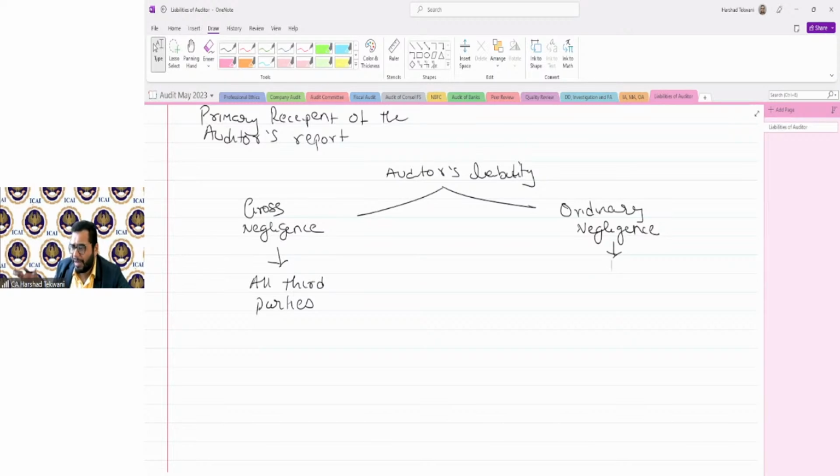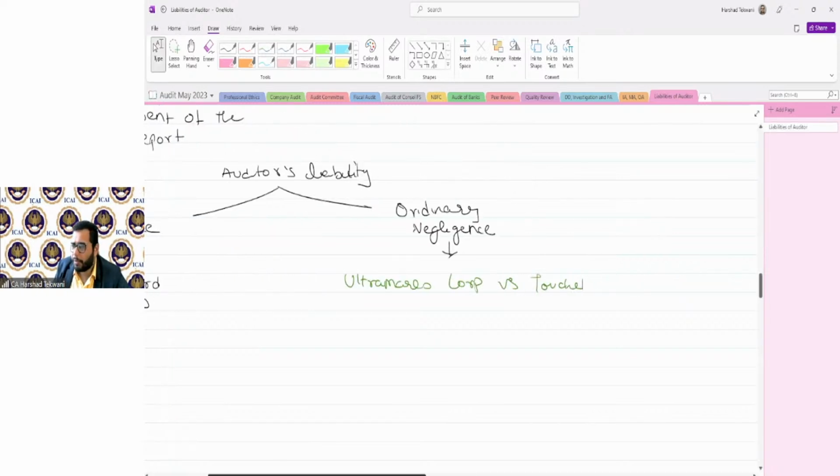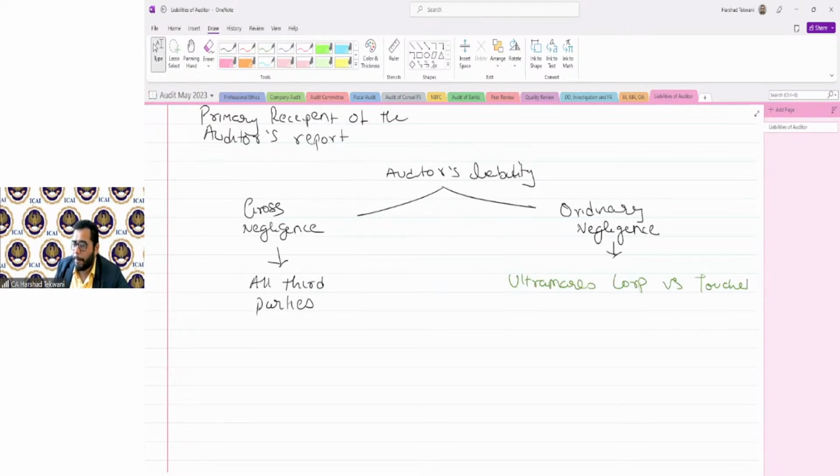There are various case laws in American law. Let's say, for example, I'll quote some of them for your reference, like Ultramares Corp versus Touche. Touche is an accountant firm that is part of another group. In this case, it was held that the auditor was guilty of negligence, but he was not held liable to any third party except the primary beneficiary.